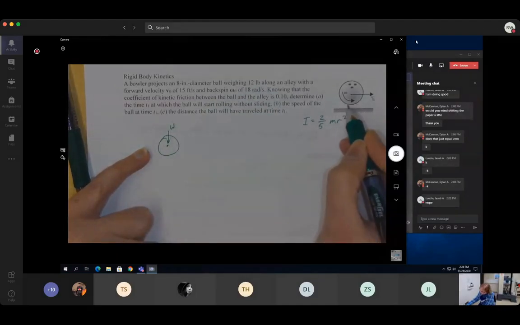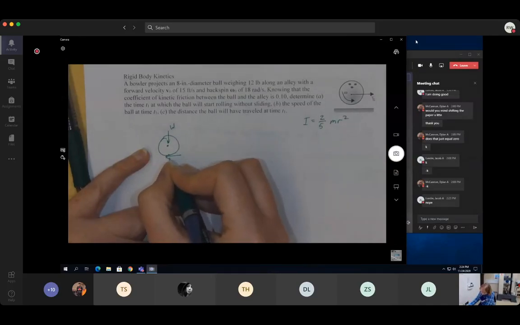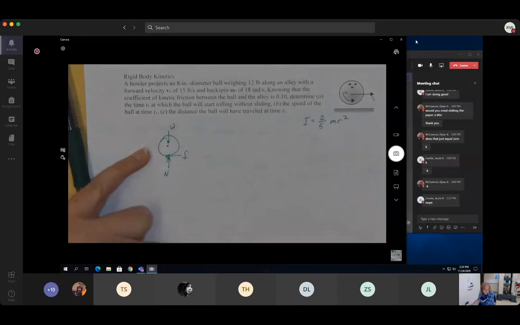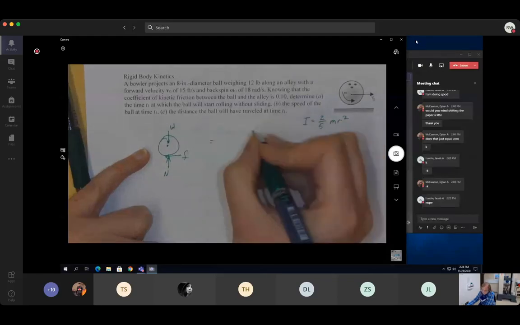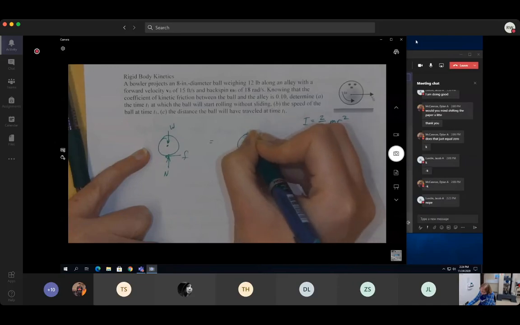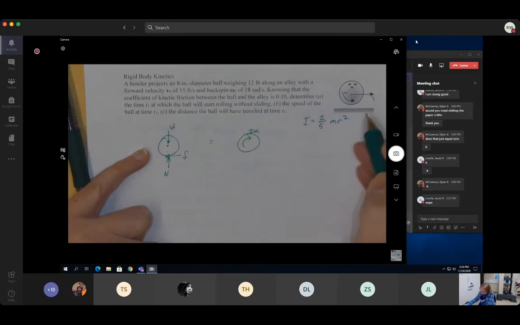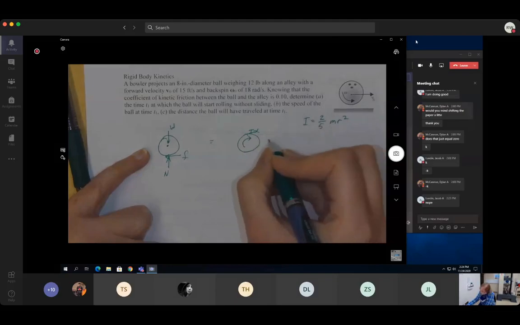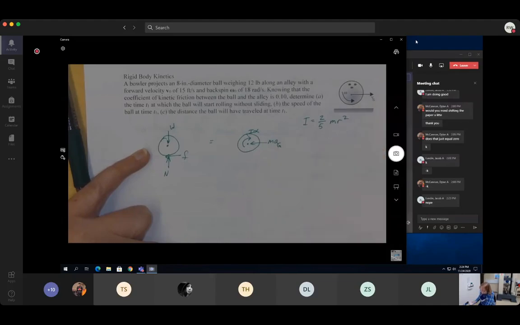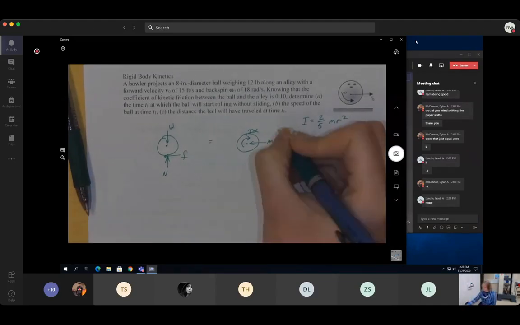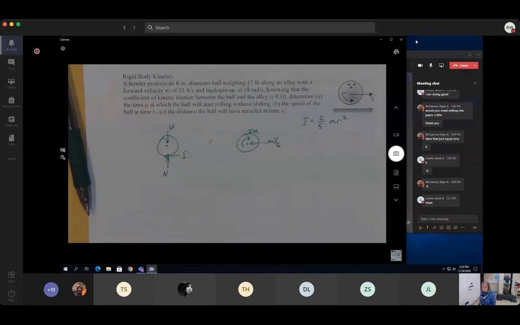Because of the way this is rotating, velocity is going to tend to be to the right, which means our friction force is going to be to the left. And we've got N. And so that's going to give us an I alpha in the opposite direction of the current rotation, and an m a sub g also opposing our current velocity.